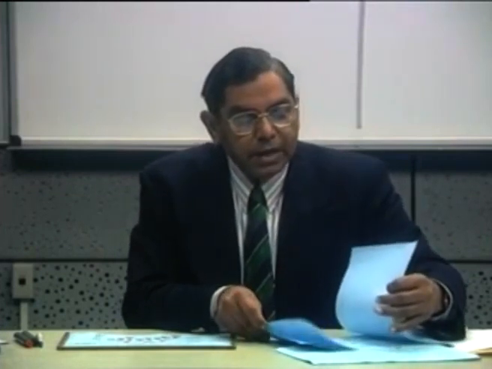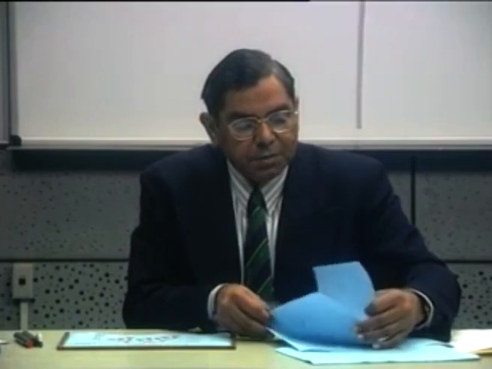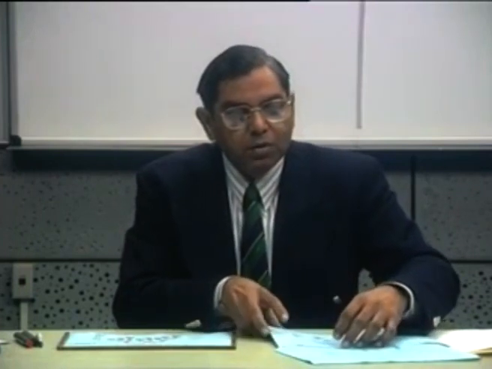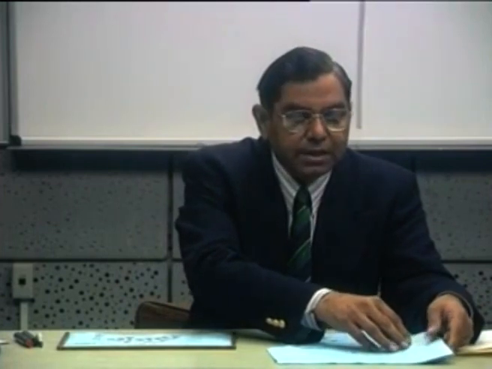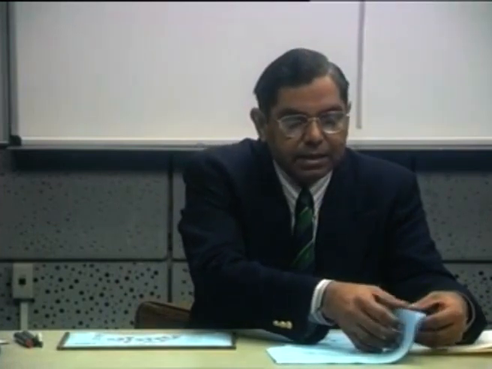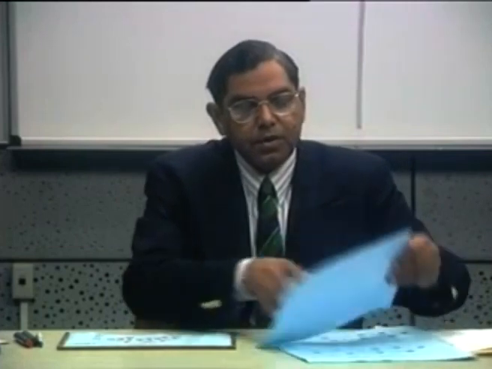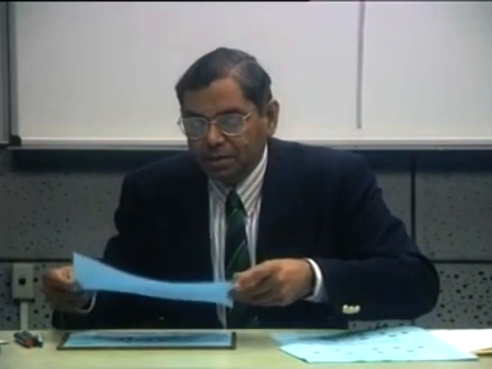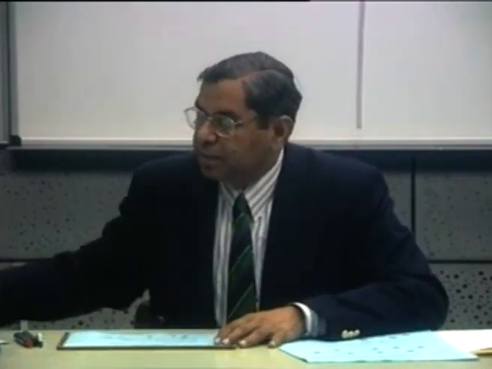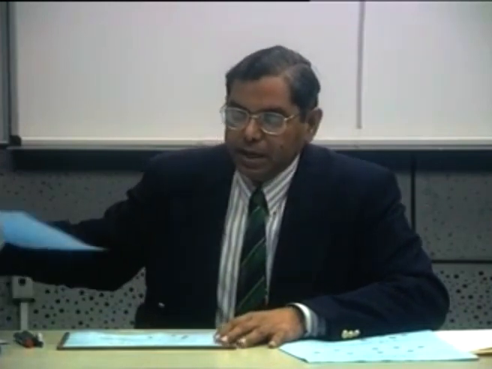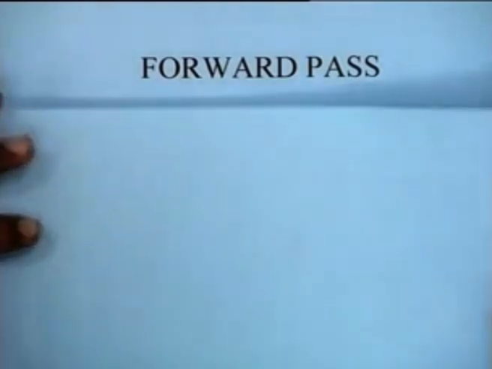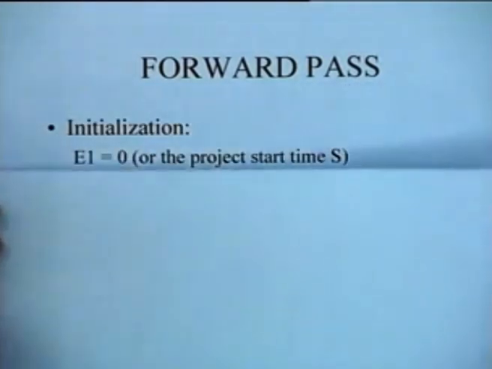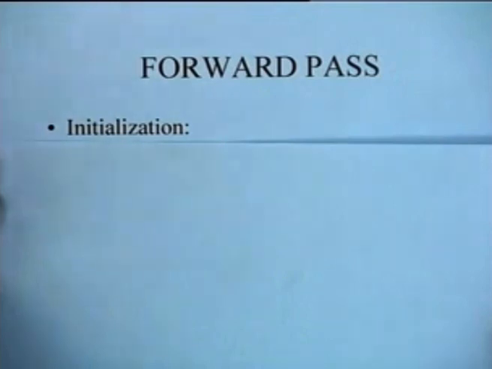Now, looking at this particular problem, what we are going to do is an event oriented algorithm for determining the critical path. In any network we do what is known as a forward pass, and the forward pass consists of essentially one initialization step.